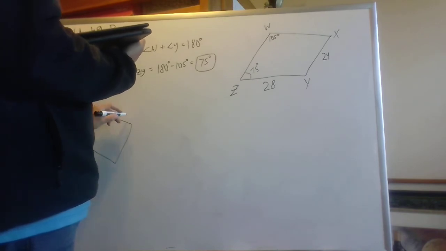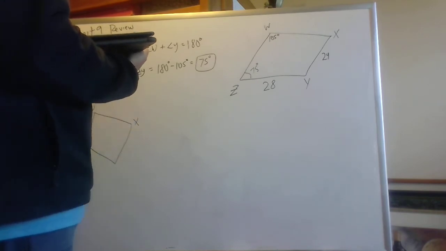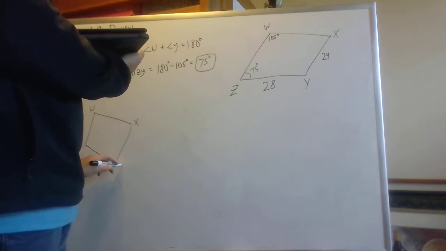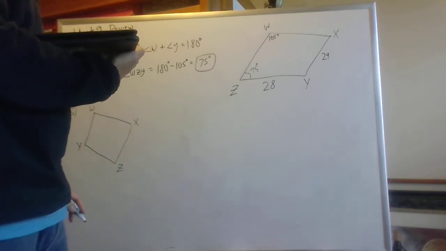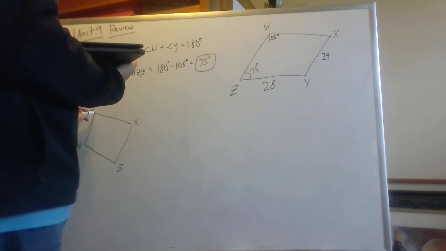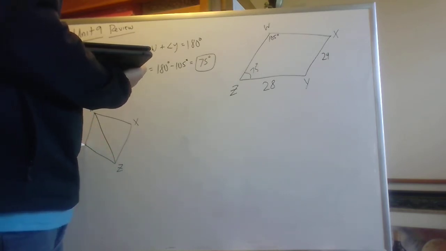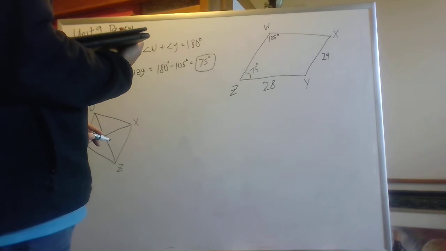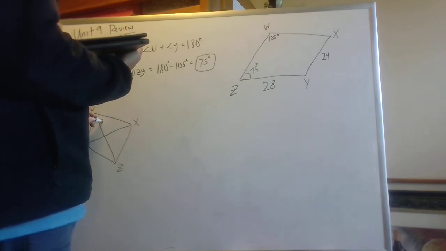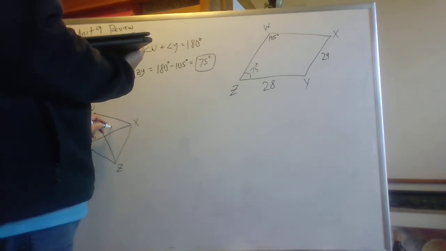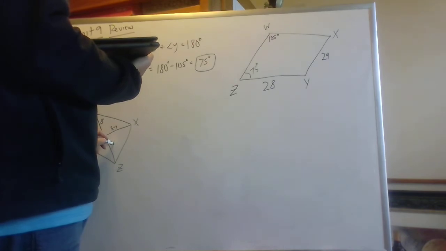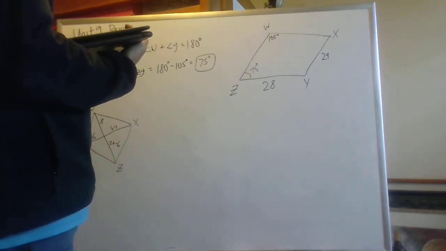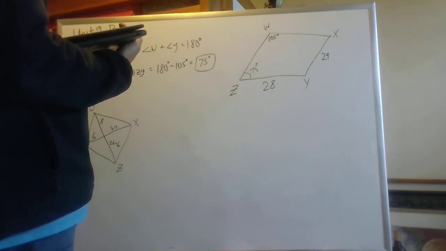It's W, X, Y, and Z. And there are two diagonals that go across and connect the opposite corners. And we have right here 8, 6, s minus 7, and 2t minus 6. And it says find the value of each variable in each parallelogram.